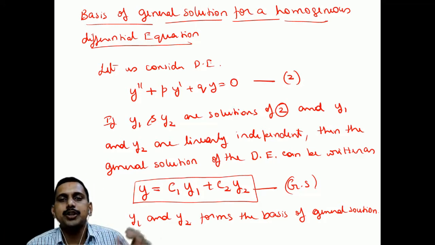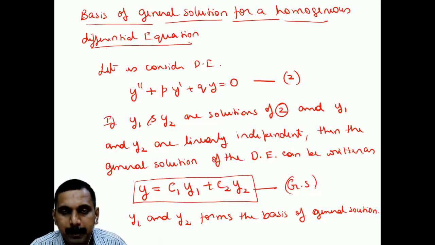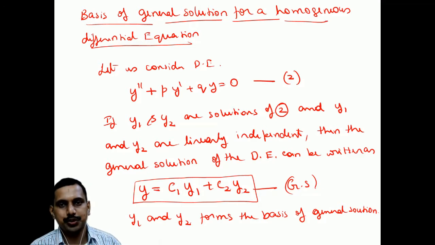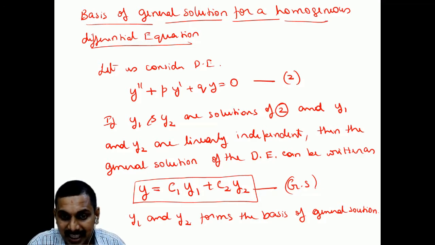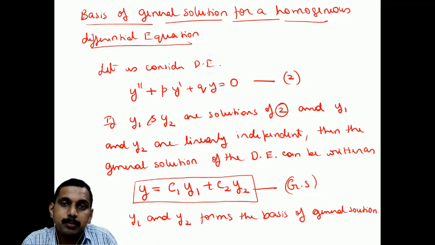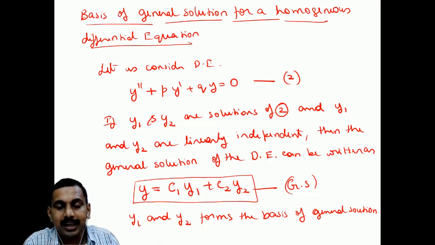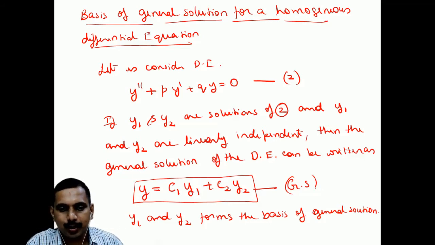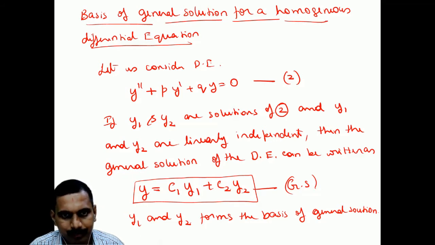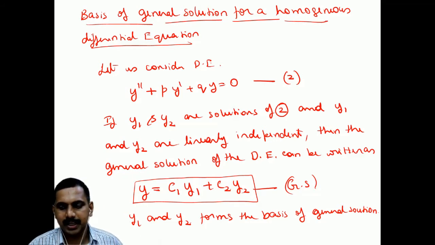A linear combination of these linearly independent solutions will give a general solution, where c1 and c2 have to be found out using the initial value or boundary value. So these are constants. It can be either an initial value problem or a boundary value problem. I hope you get the point, students. Any doubts here? These are very, very basics.